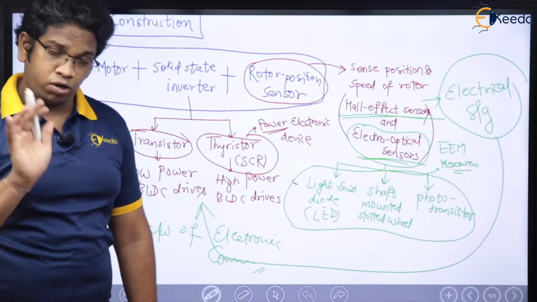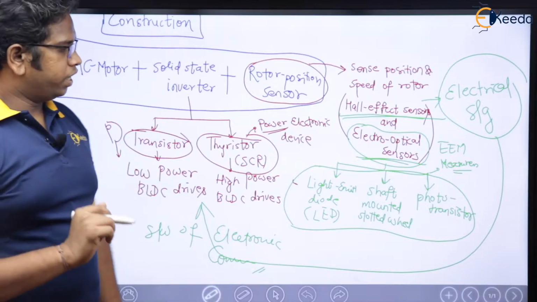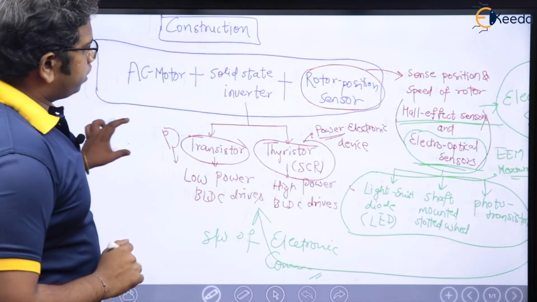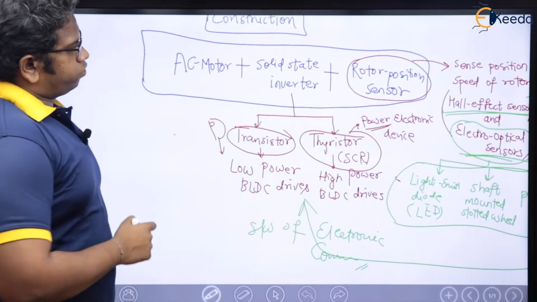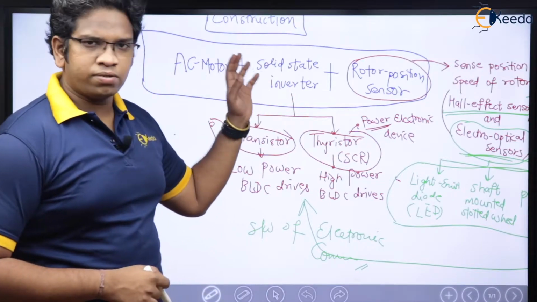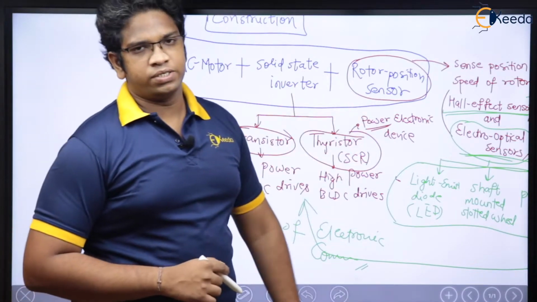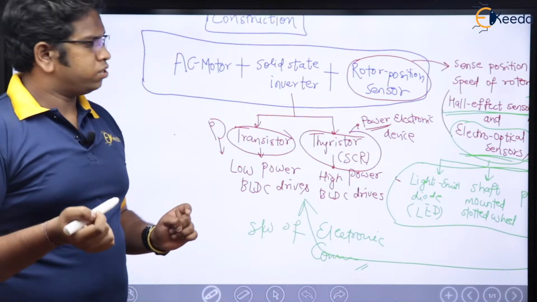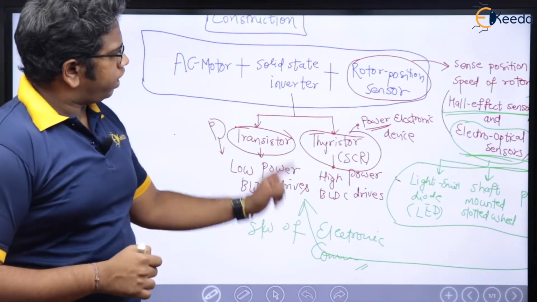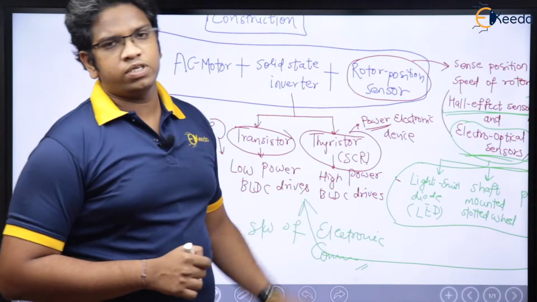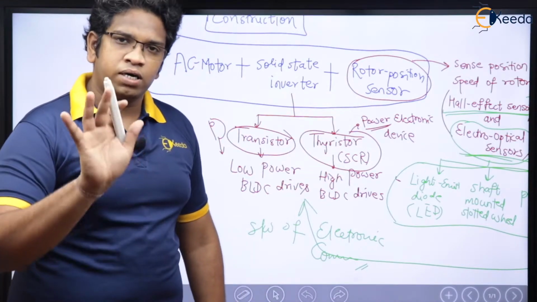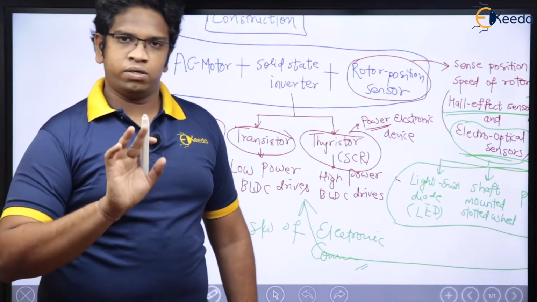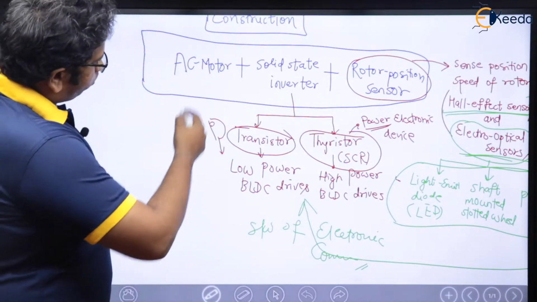It doesn't matter to us from an operating principle point of view. We have talked a lot about this inverter as well as that sensor. Yes, you may feel, sir, but why do we have to have this particular sensor? You will understand that gradually. Don't worry.